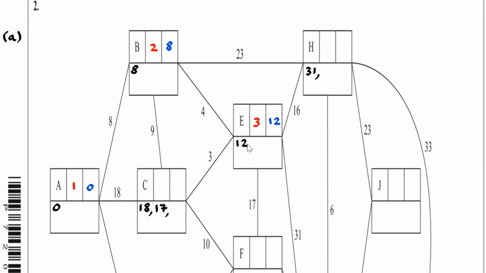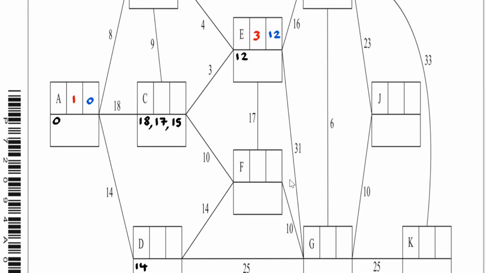So now let's take a look at what comes off E. Well, we have 12 plus 16, which is 28. We have 12 plus 3, which is 15. We have 12 plus 17, which is 29.